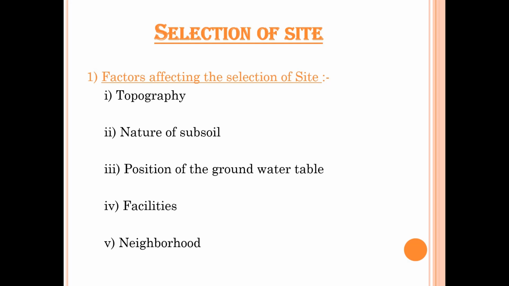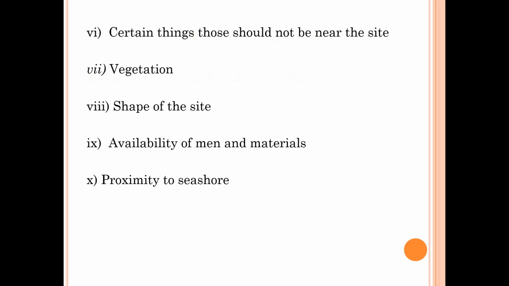Community also brings in the financial aspect. We prefer to live with a similar financial status, and we choose that locality. So this is also important while selecting the site.